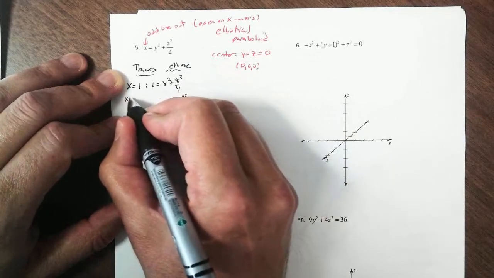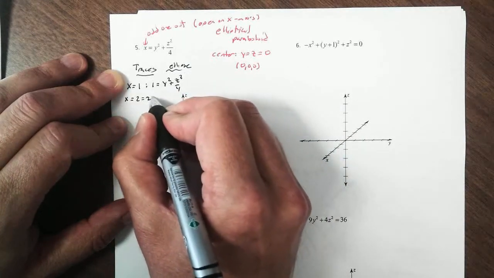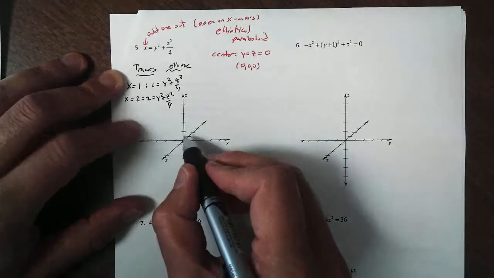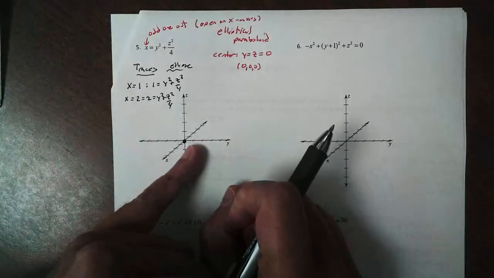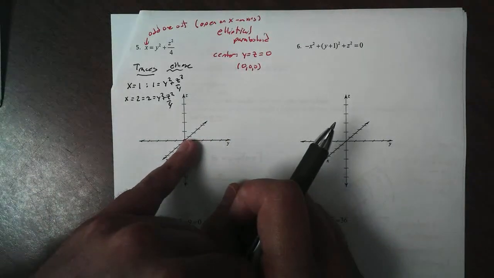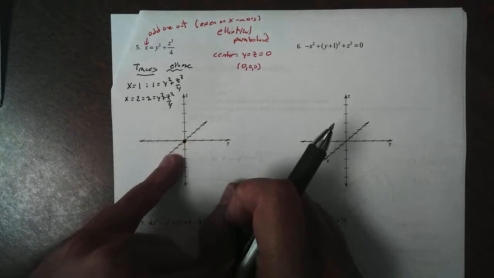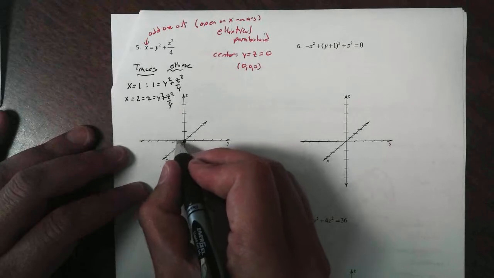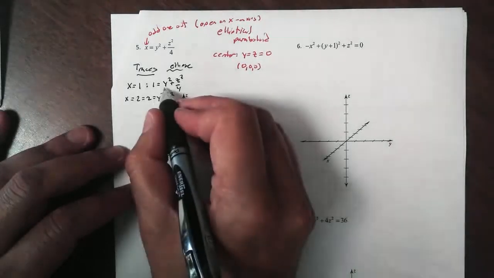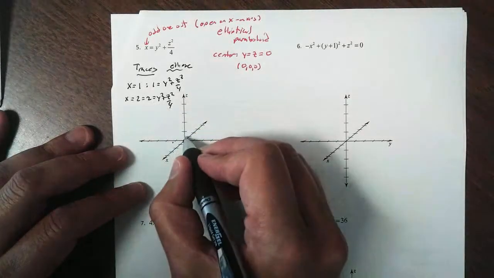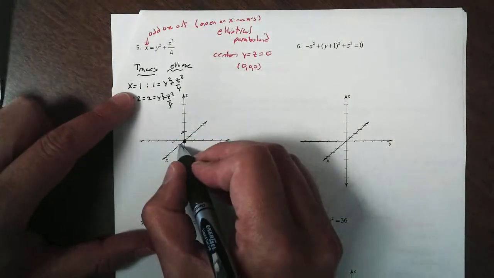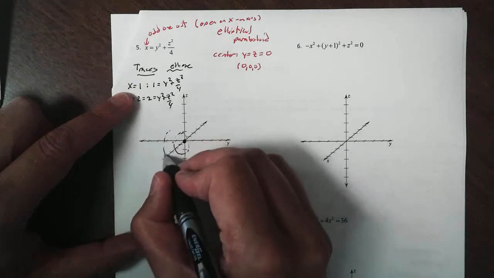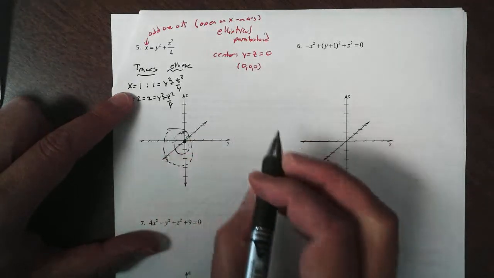As a matter of fact, if I let x be any number, I'm always going to get an ellipse. So as I'm extending out from the origin here, and I'm heading out towards the x-axis, I am getting larger and larger ellipses. Now notice z is always bigger than y, so it's stretched out this way. For example, when x is 1, z is 1, so it's going to be like this. And it's going to keep getting larger and larger.